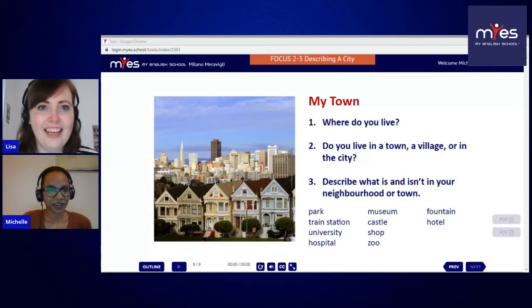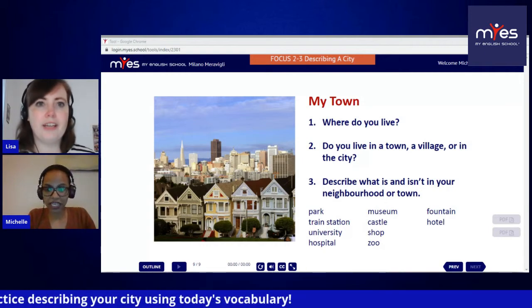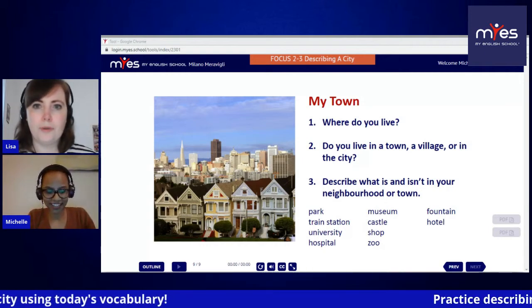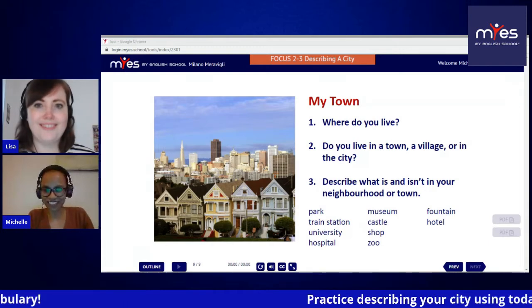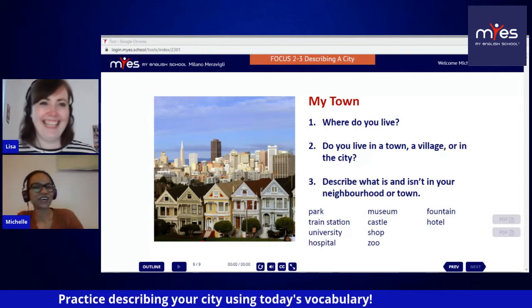Okay, so let's describe what's there in our neighborhoods, because we live in different neighborhoods. Neighborhood is the area you live in.